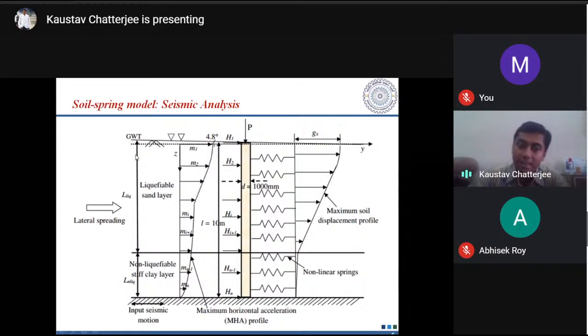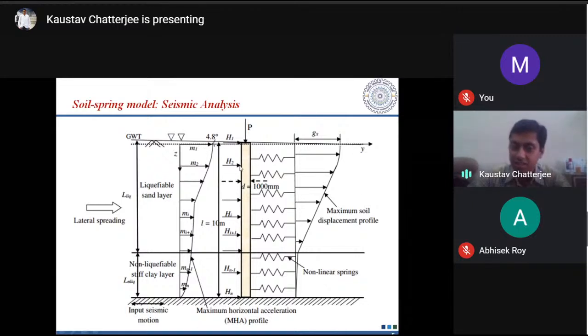Thickness of the top layer is L liq and this is L NLIQ. Okay. Now, this pile is subjected to a vertical load, capital P, and a depth-wise variation of lateral load, given by the magnitudes H1, H2, like this Hi and Hn. Okay. Now, the soil is there.